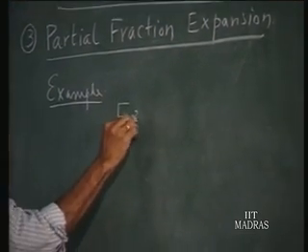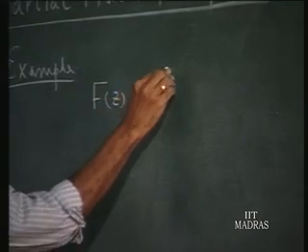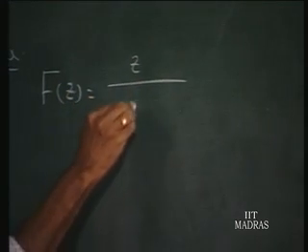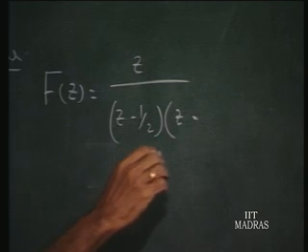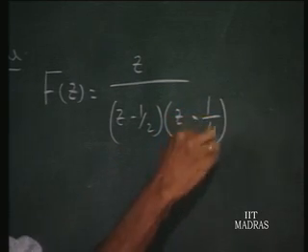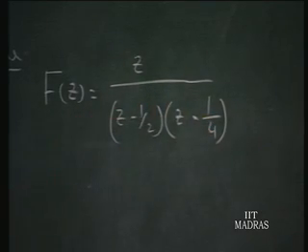Suppose f of z is given as z upon z minus half times z minus 1/4. This is exactly the same expression that we took up during the long division. So let us make the partial fraction expansion of that.